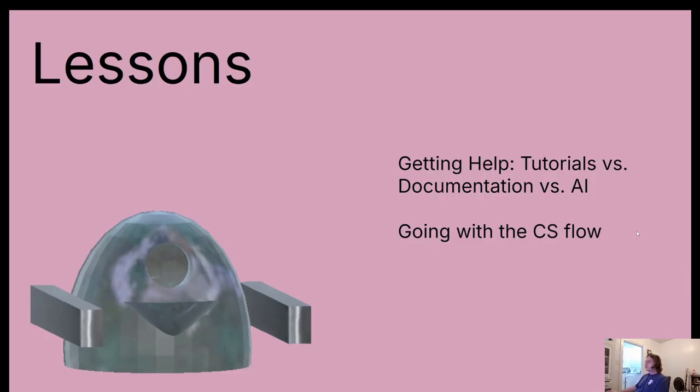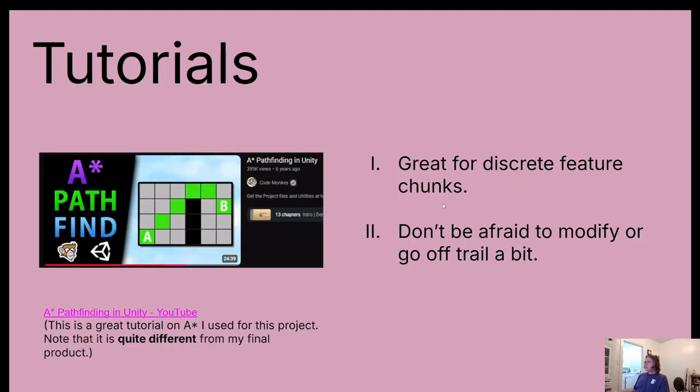And some of the lessons: getting help, different methods of getting help, and going with the flow of design with computer science projects. So for tutorials, I find that they are good for discrete feature chunks. Like for A-star, a tutorial was great for that. I recommend this video for anyone that wants to learn A-star. It has a really good introduction and then a good code system in Unity for implementing it.